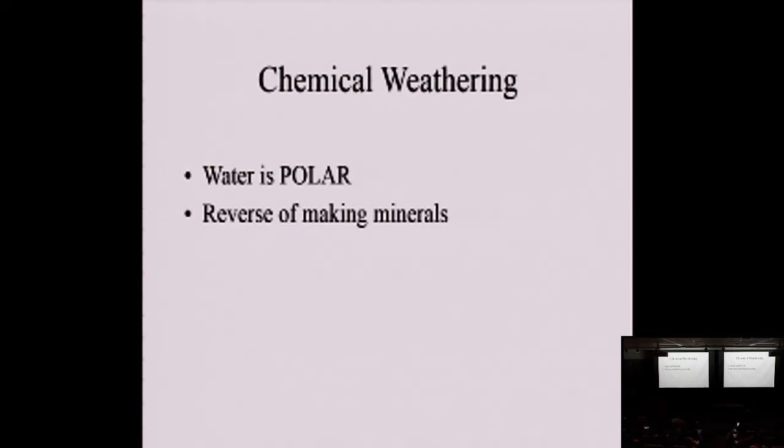Water is polar, which means one side is positive, one side is negative. So water, when it falls as rain, can attach to a rock with its positive side and rip off an ion that would be negative were it in solution. And with equal ease, it can attach with this negative side and rip off an ion that would be positive were it in solution. So water is very good at chemically weathering away rocks.